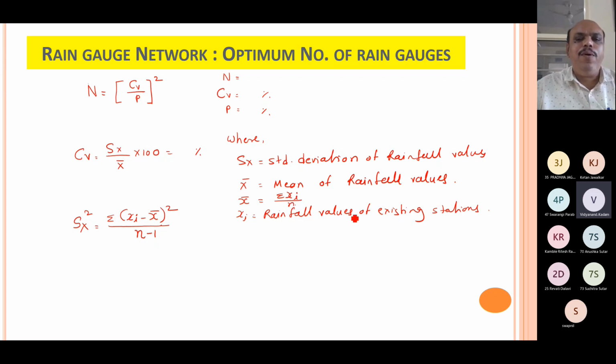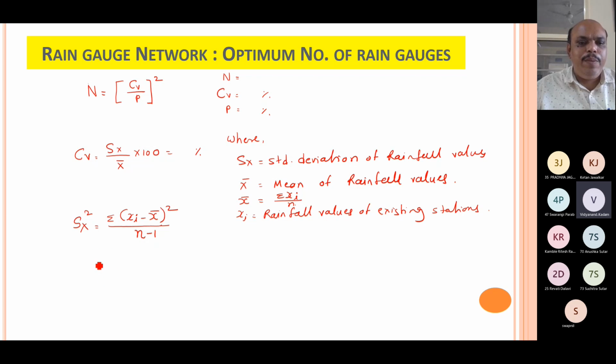Summation of all rainfall values of existing stations divided by number of existing stations. So from this we get x bar, and when we get x bar we can calculate Sx square. From Sx square you calculate value of Sx, and from Sx and x bar you calculate CV and put the value of CV in the main formula, and then you get N.